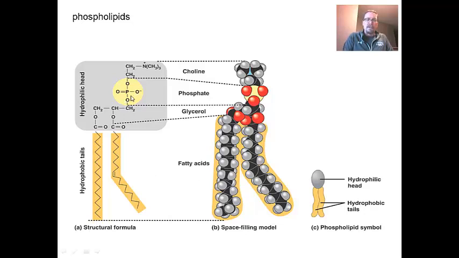Phospholipids, now you see you have the glycerol backbone and you have 2 long-chain fatty acids, but instead of a third, now you have the phosphate group. And that gives you an amphipathic molecule, the hydrophilic head, the hydrophobic tails. You throw those in water, they will spontaneously form a membrane where the tails line up away from the water and the heads line up out.